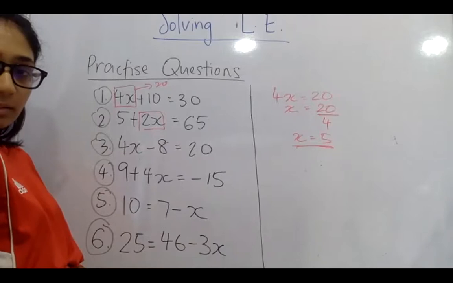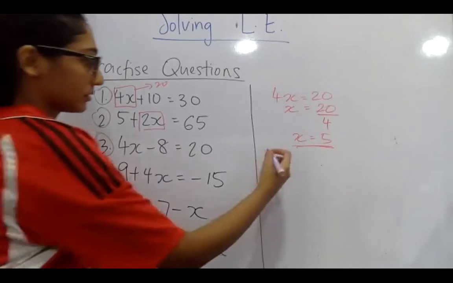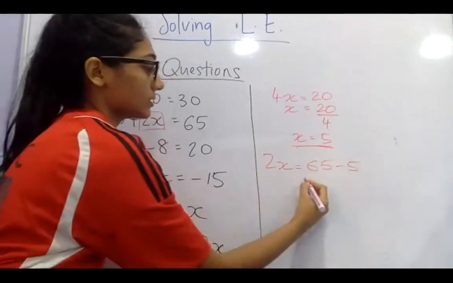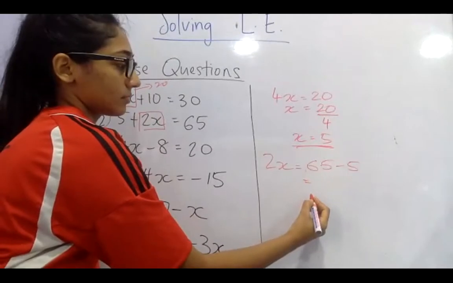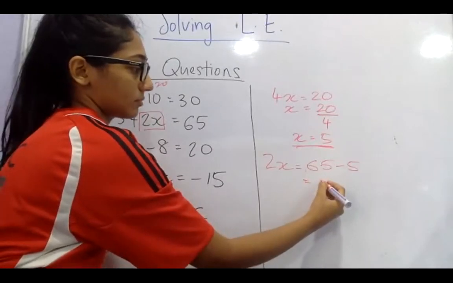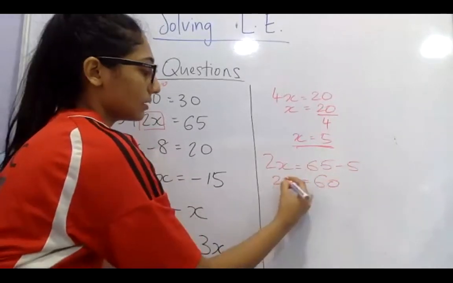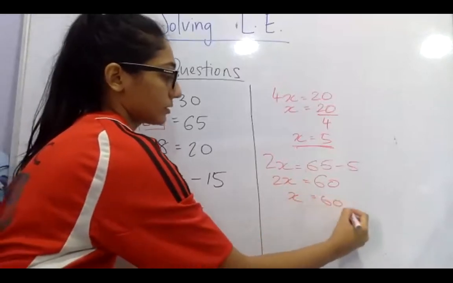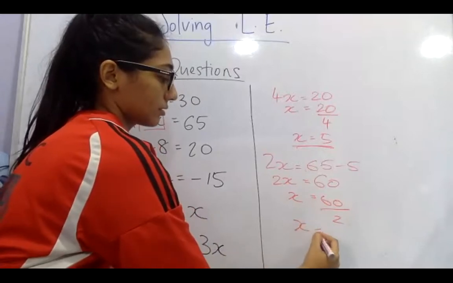So you bring the 5 plus to the other side, so it will become 65 take away 5, which equals to 60. Okay, and then 60 divided by 2. And then it will become 30.